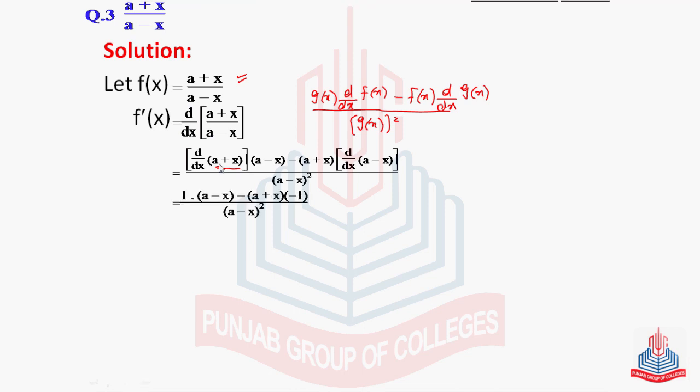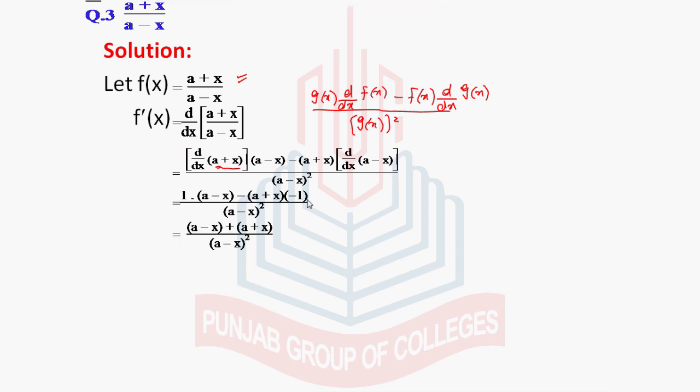The derivative of a will be 0. We have only 1 from the derivative of x. This (a - x) will be as it is, minus (a + x), and similarly when we apply the derivative on a - x, a is a constant term and will become 0 after applying the derivative, minus x, the derivative of x will become -1.